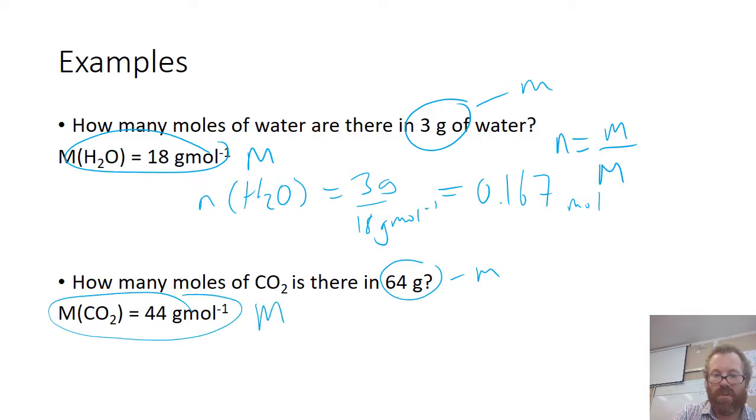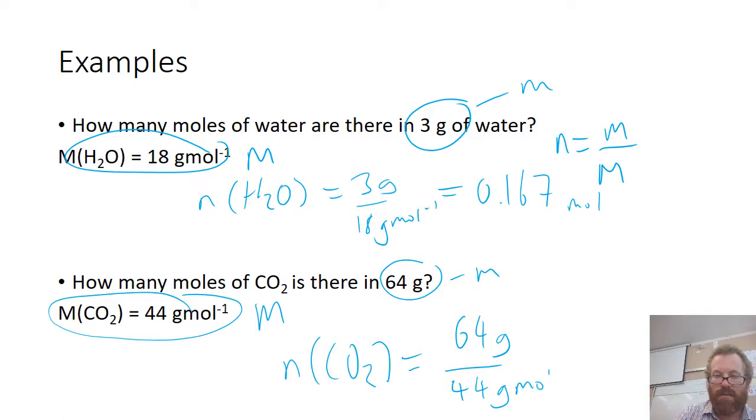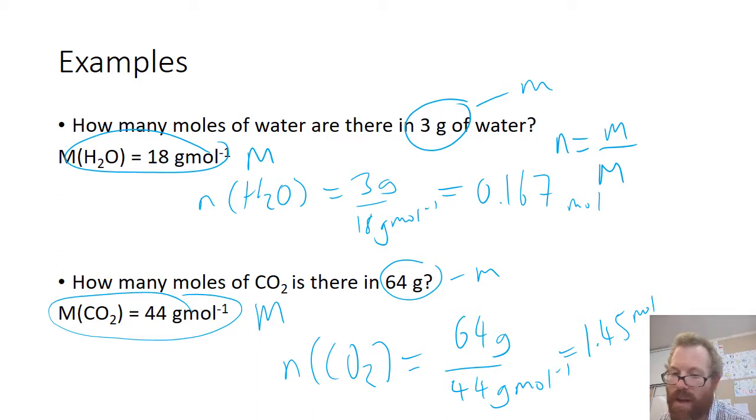To find my number of moles of carbon dioxide, CO2, I divide my mass, 64 grams, divided by my molar mass, and that is 64 divided by 44 is 1.45 moles, again rounding. Okay, so that's calculating number of moles when you have the mass and the molar mass.